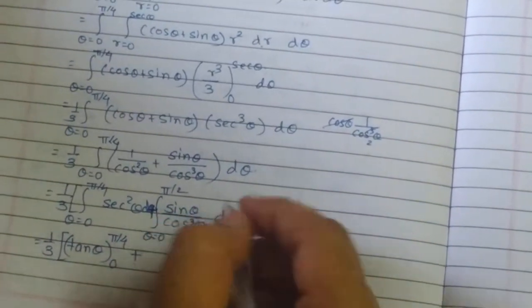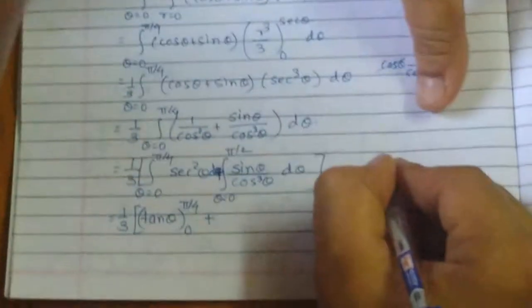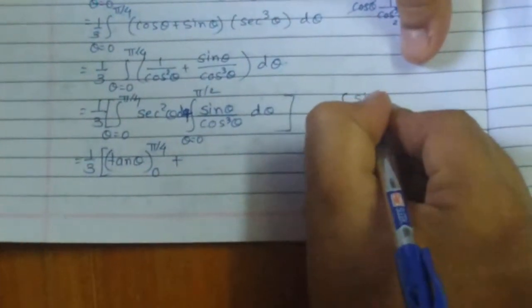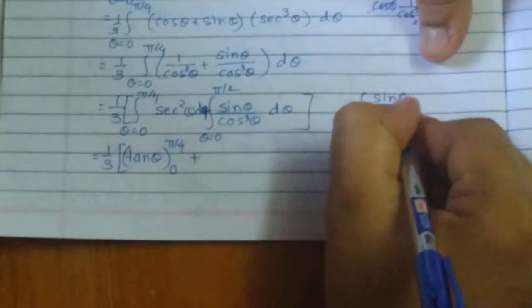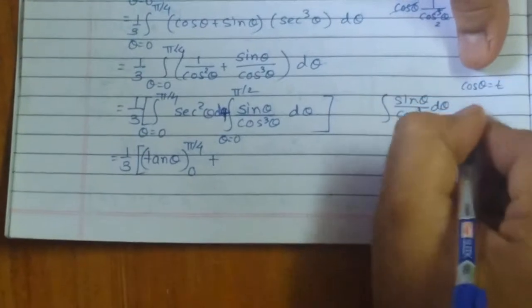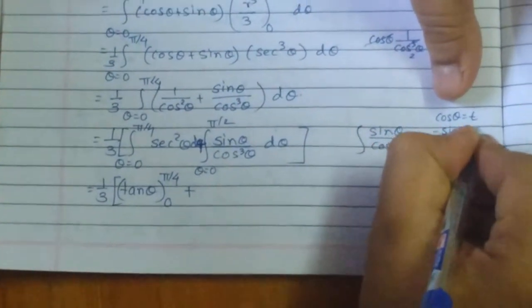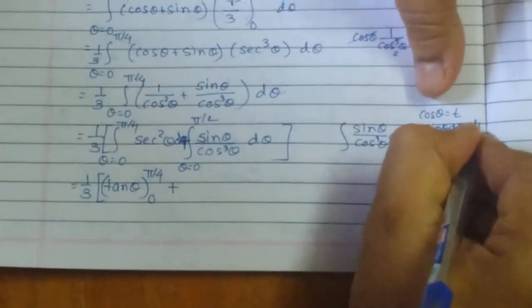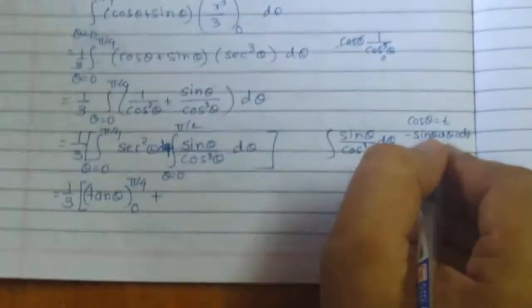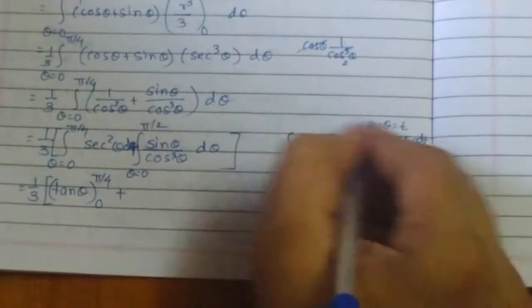What about this one? Sin theta upon cos cube theta. It's very easy to evaluate. See, if I substitute cos theta as t, what is the derivative of cos theta? Minus sin theta d theta is equal to dt. Now substitute your limits, substitute these values here.